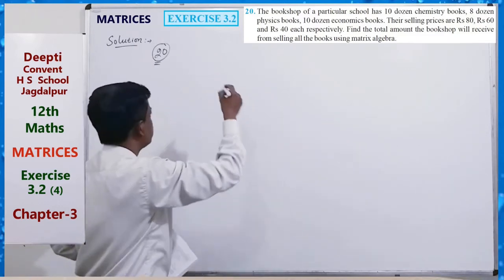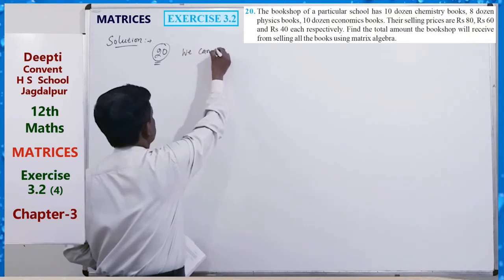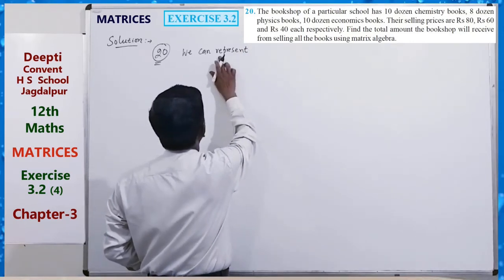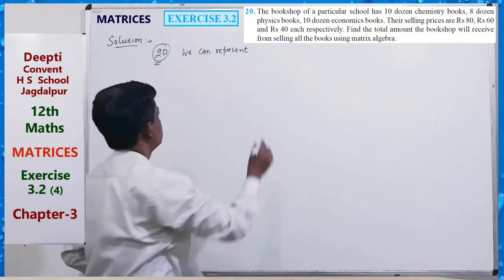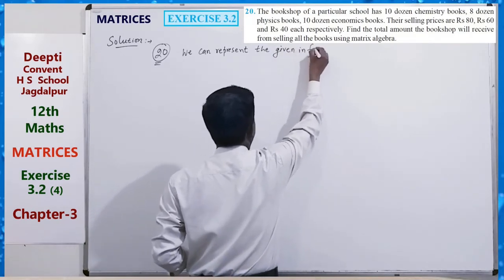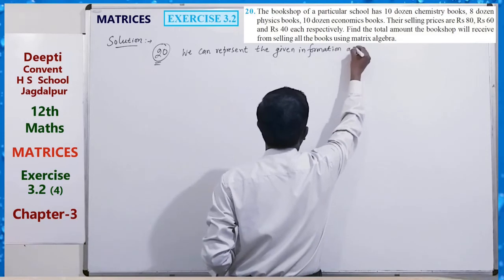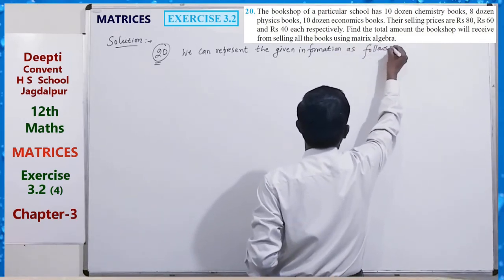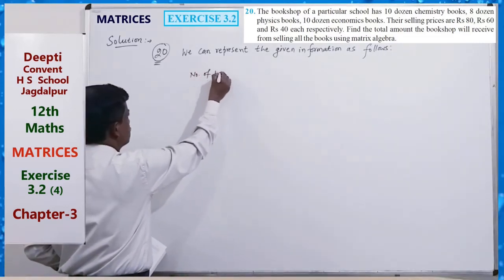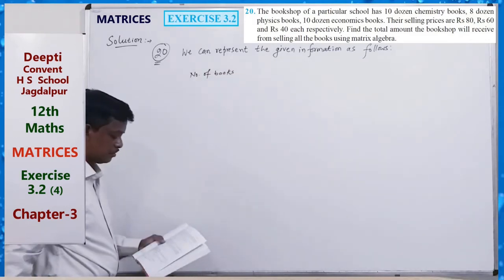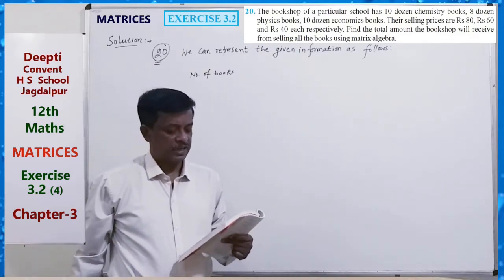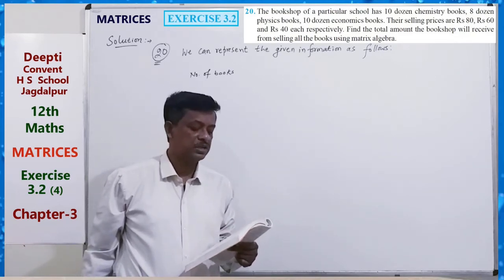We can represent the given information as follows: the number of books, and their selling price of 80, 60, 40 each respectively.